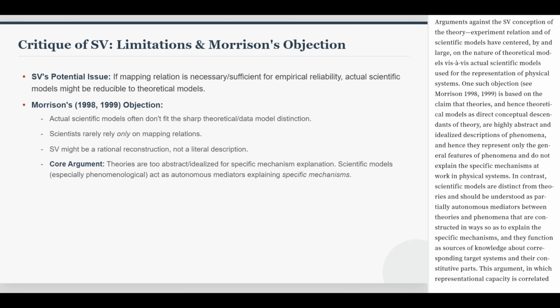Her bigger point is that theories themselves are often too abstract and idealized. They tell us about general principles, but not necessarily the specific mechanisms at play in a particular system. For that, she says, we need scientific models, especially the phenomenological ones, acting as independent mediators explaining the nuts and bolts of how things work.